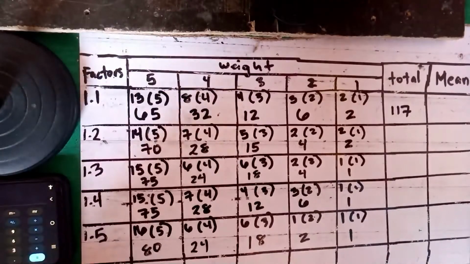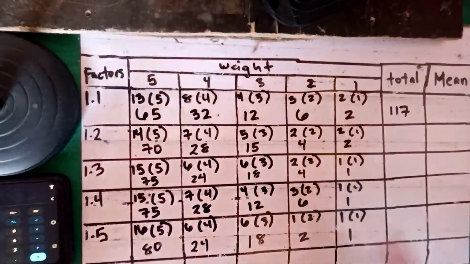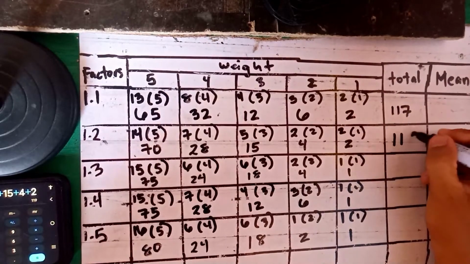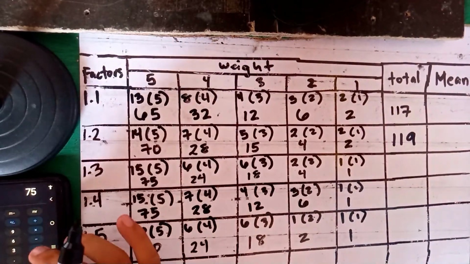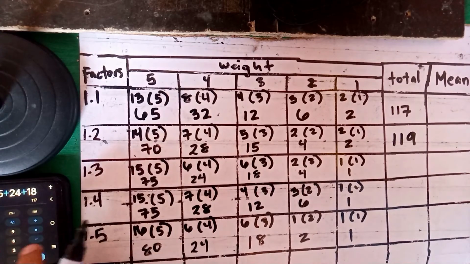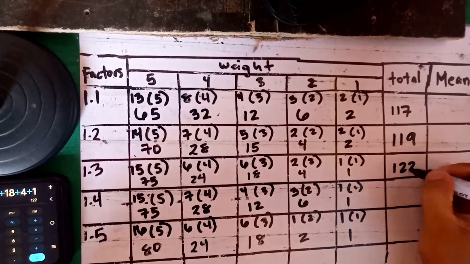Now, next is add the multiplied weight. So that will become 70 plus 28 plus 15 plus 4 plus 2. So that is 119. Same process for our third row. We have 75 plus 24 plus 18 plus 4 plus 1. So it would become 122.